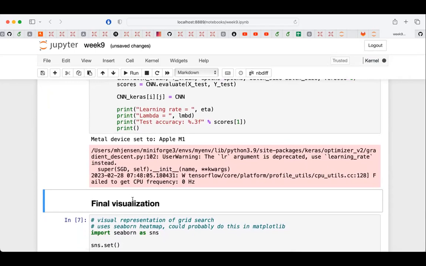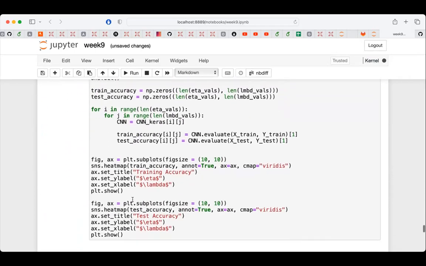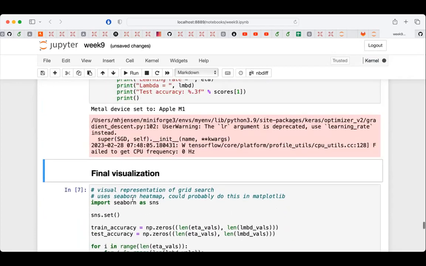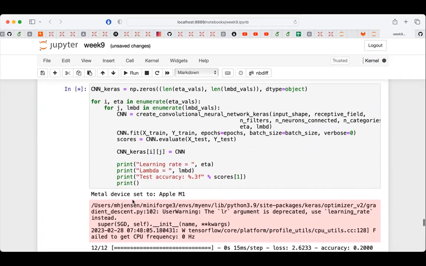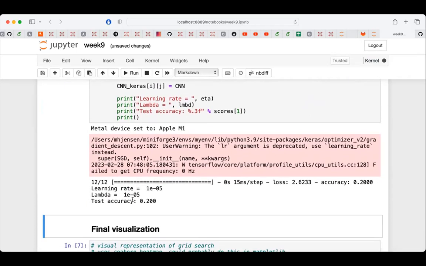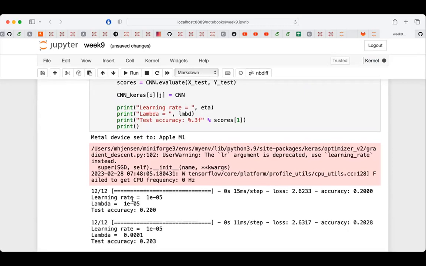And you can finally visualize it by using Seaborn, and you can compare that with a standard feed-forward neural network. So what you're going to see is actually that this convolutional neural network is going to give us results which are not as good as those which we got with a standard feed-forward neural network. So it means that for this specific data set which we have, a standard feed-forward neural network is actually doing a perfect job.